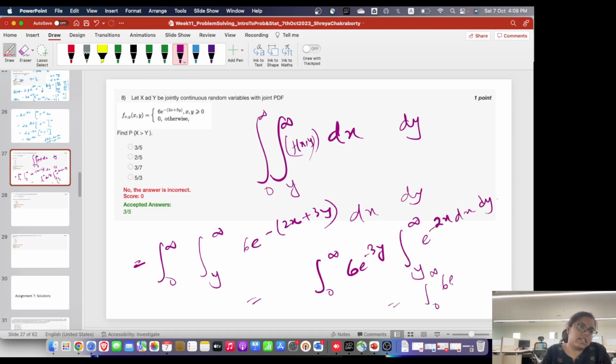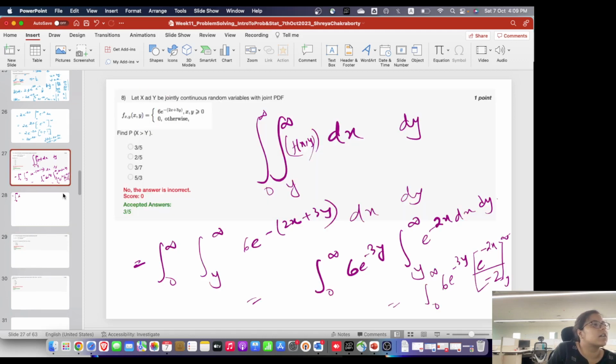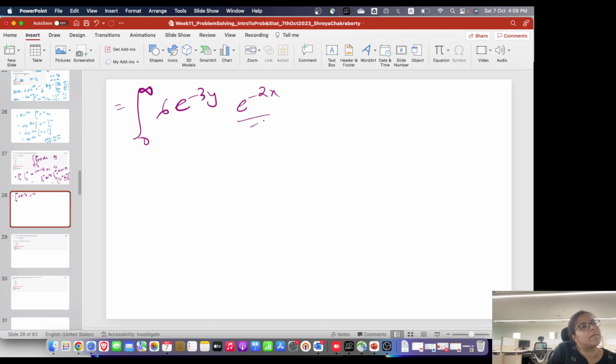So this will be 0 to infinity 6e to the power minus 3y, e to the power minus 2x by minus 2, evaluated from y to infinity.